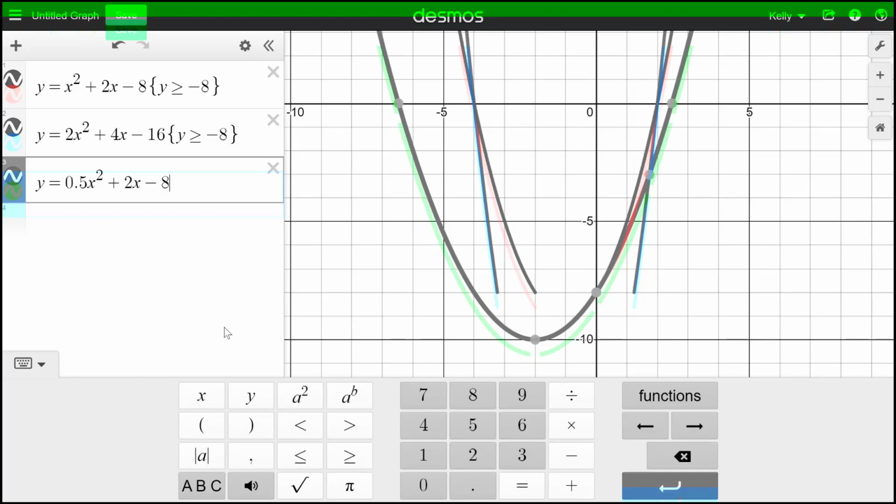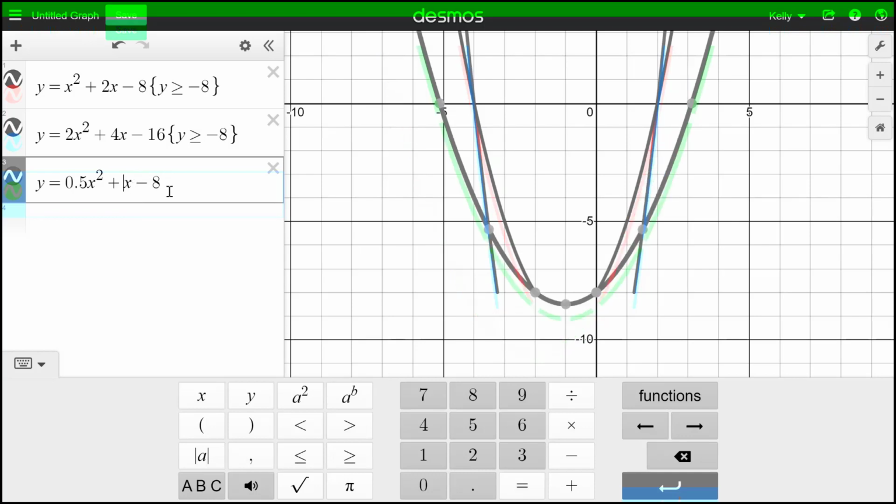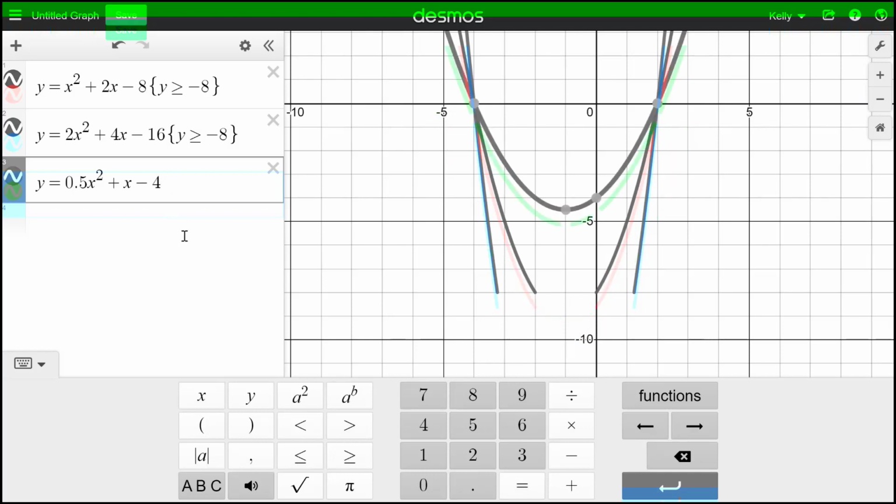I did something wrong. 0.5 x squared plus... Oh wait, it's supposed to be plus x. I was doing something wrong here. And then minus 4. I was comparing the wrong equation. All right, so we're good. Now that we fixed that, at least you know I'm human and I make mistakes.